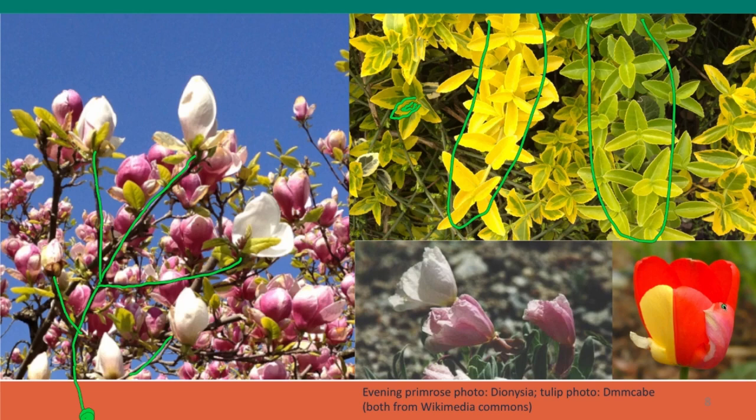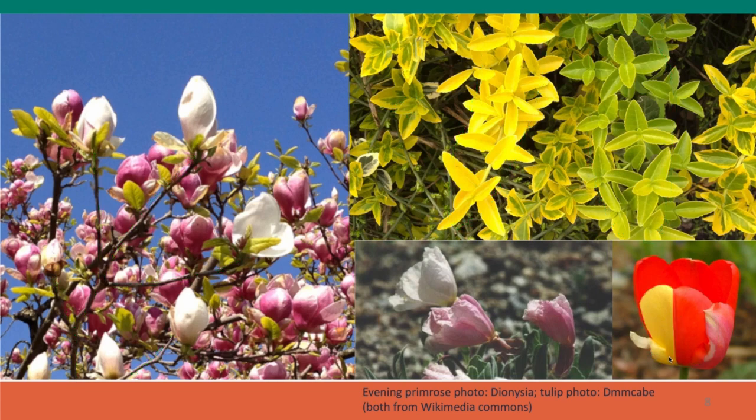This is a tulip, a red tulip, but one sector of one petal, so this is the whole petal, one sector of the petal has yellow pigment instead of red pigment. And that will be because an ancestral cell early in the development of the flower underwent a mutation that blocked the pathway that converts the yellow pigment to red. We'll talk more about pathways producing pigment in Module 3. And that's why this whole sector of the petal is yellow.